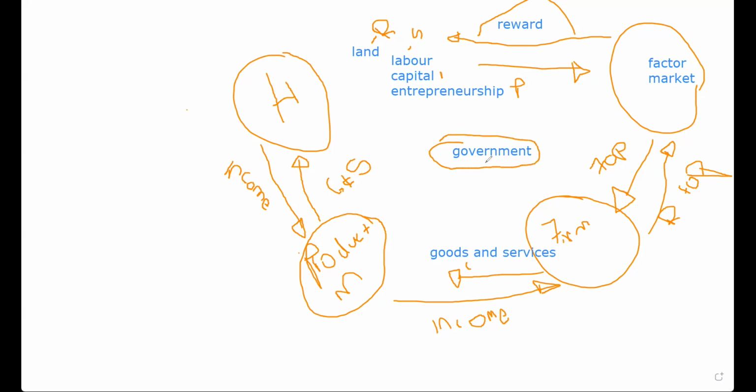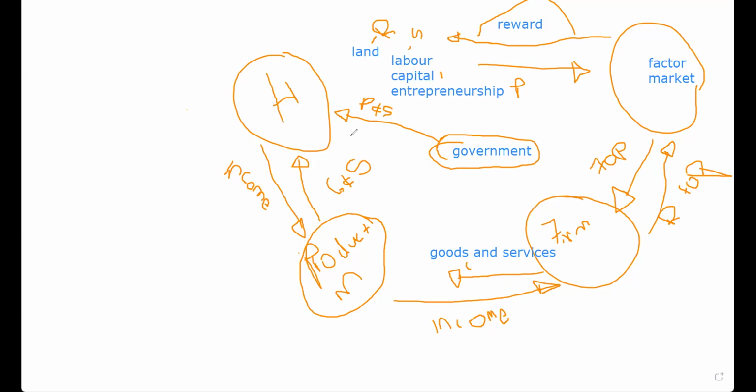So the government provides us with public goods and services, right? So the government will do what? Provide the households, us, with what? With public goods and services. I'm just going to write P and S to say this is the public goods and services.